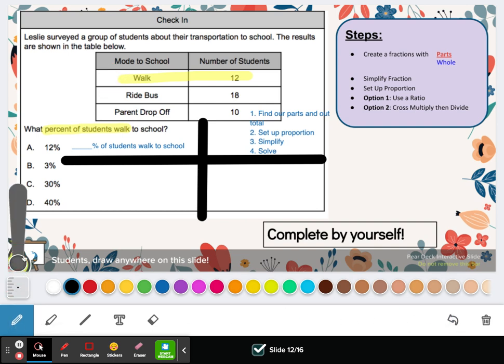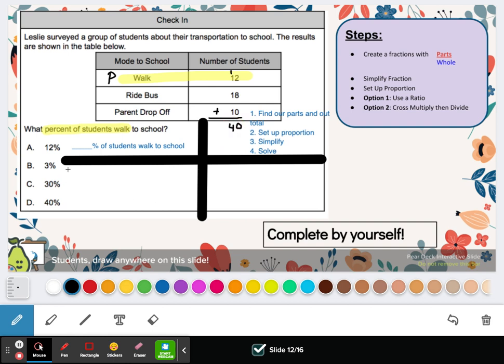So if I'm going to label that as P for part, do I know my total amount of students who were surveyed? No, I don't. They never told me anywhere, but I can look at this table right here. So if I add all my stuff right here at the table, so 8 plus 2 is 10, and so on. I have in total 40 students, okay?